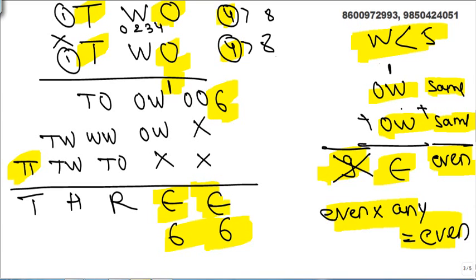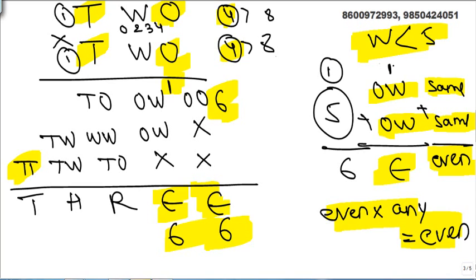Now what we need is OW plus OW plus 1. OW plus OW plus 1, I need 6. So this summation will end with 5. If carry forward is 1, I need this 6, so this should be 5.